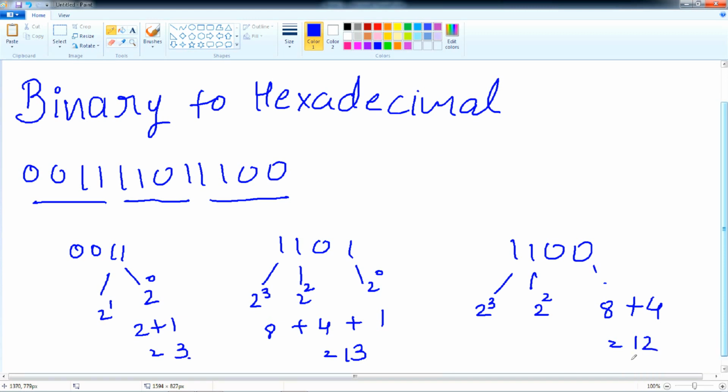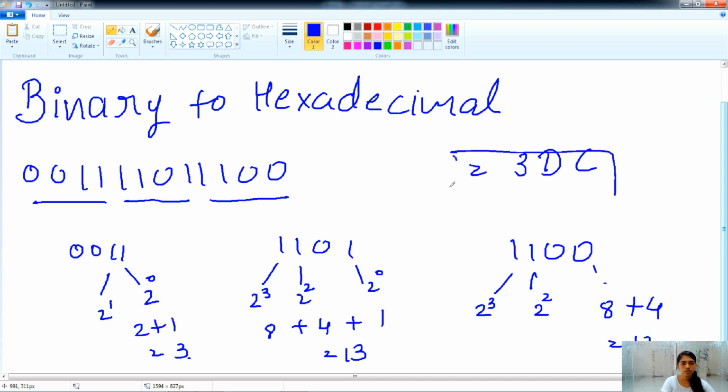Now we have 3, 13 and 12. So the answer that we get is 3 D C, because in hexadecimal, D is given for 13 and C is given for 12. So this is the answer, 3DC in base 16.